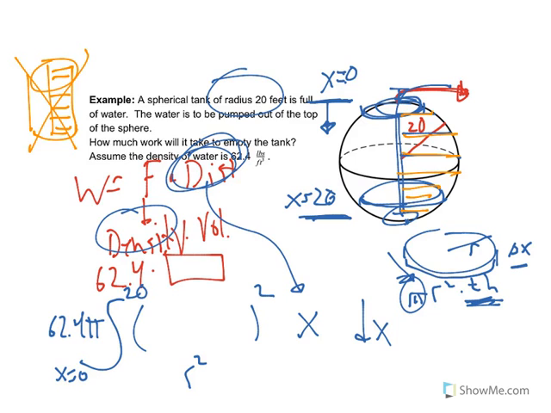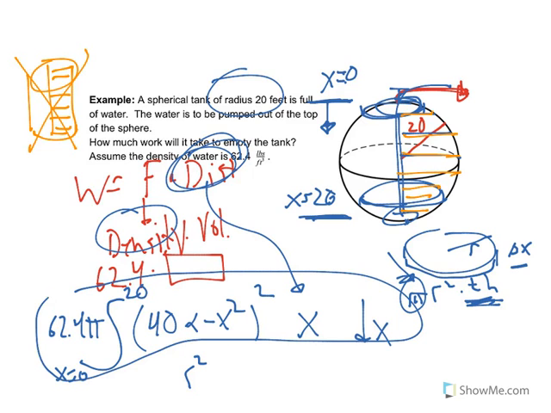So let's go back and put that right here: r squared is 40x minus x squared. This would be the integral that would compute the amount of work to empty all the water out of this tank. At this point, you would use your calculator or your computer to figure out the value of this integral.